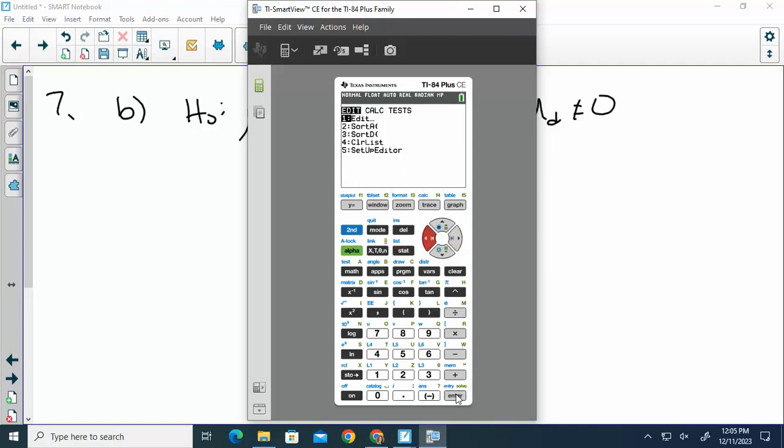Okay. Make sure everyone remembers what we're doing here. So we put this data in L1 and L2. They are like ordered pairs, so you do have to go in the same order.